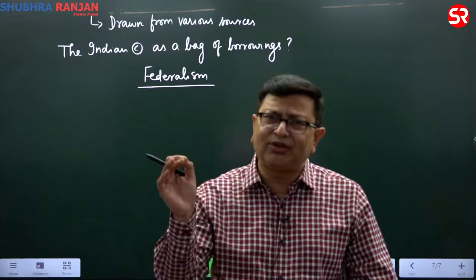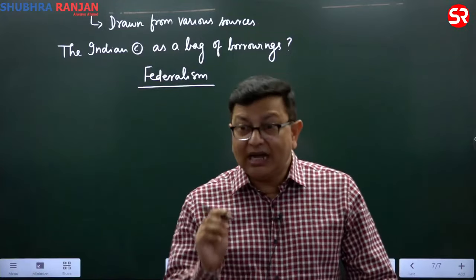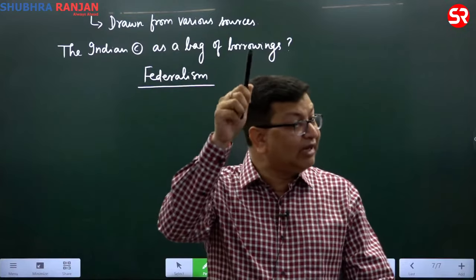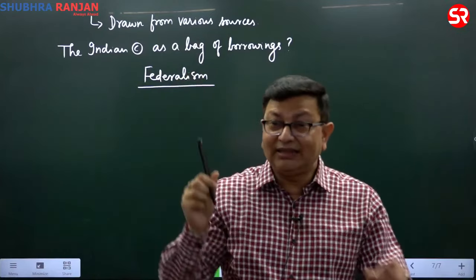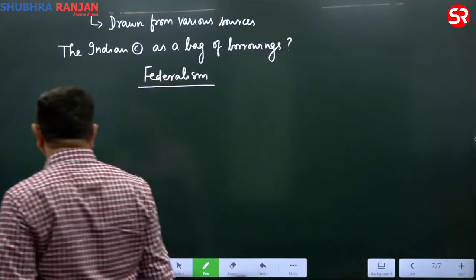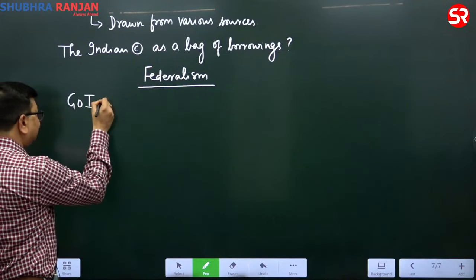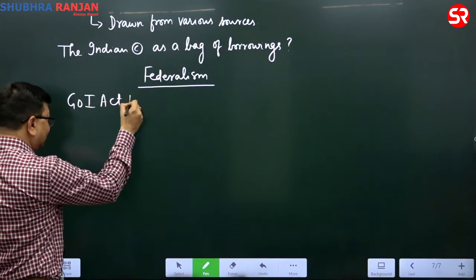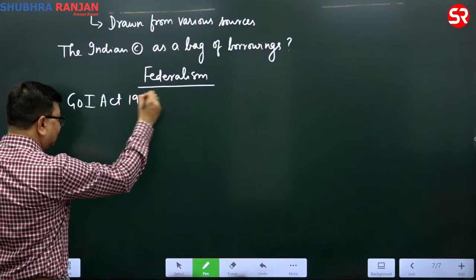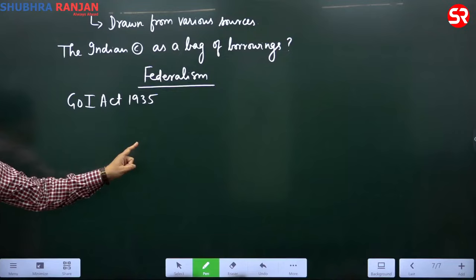That may be a half truth. The idea of federalism, the idea that there should be two sets of government, was there in the Government of India Act 1935.